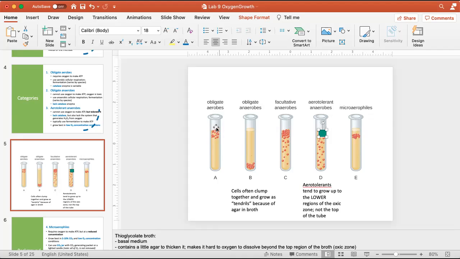Obligate aerobes can grow all the way through the oxic zone. Microaerophiles are limited to the lower half. And finally, we have our facultative anaerobes. They too can grow all the way through the tube, just like the aerotolerants can.